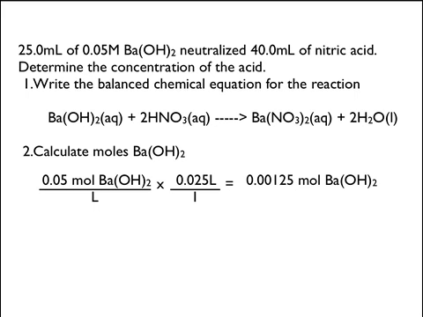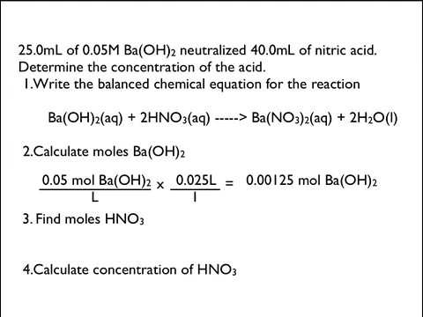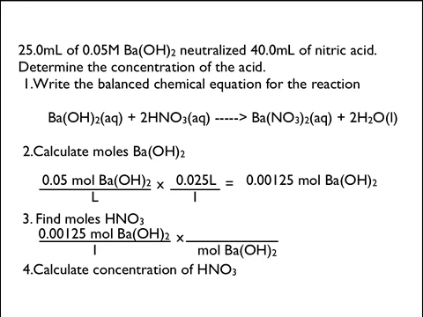So the next thing we need to do is go from moles of barium hydroxide to moles of nitric acid. So we need to find the moles of nitric acid. And the way we do this is we take the moles of barium hydroxide and just put that over 1, use the mole ratio to find out how many moles of nitric acid we have. So I know that I need to put moles of barium hydroxide on the bottom in order to cancel with dimensional analysis.